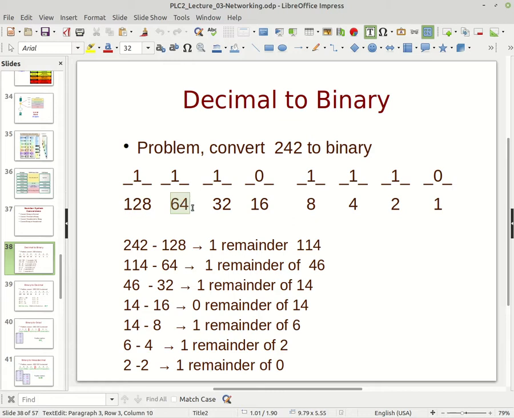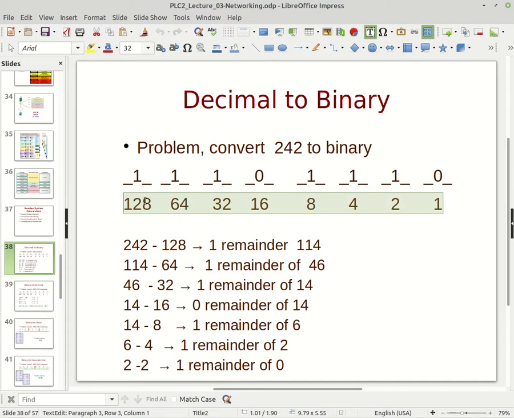Now the nice thing about IP addresses is that IP version 4 addresses are 32 bits, but the 32 bits are broken down into 4 separate sections called octets, where each octet is only 8 bits.